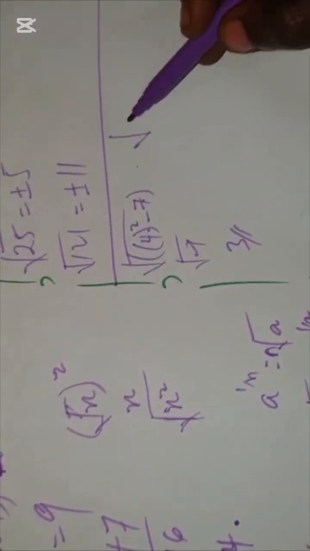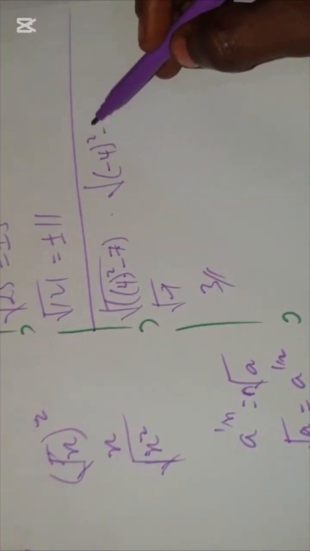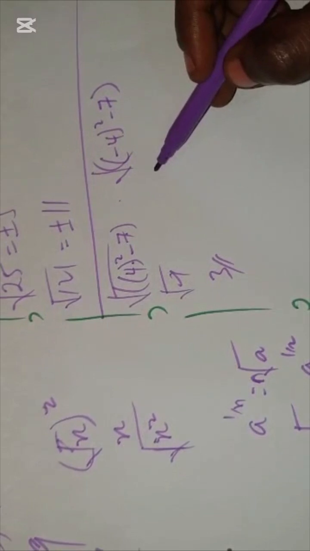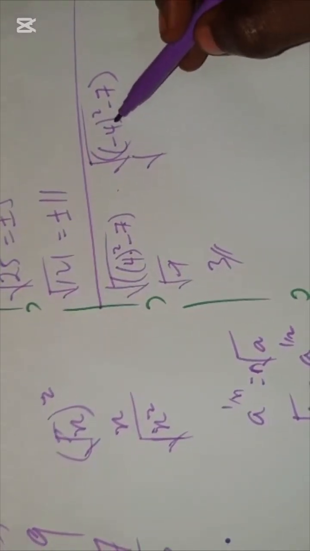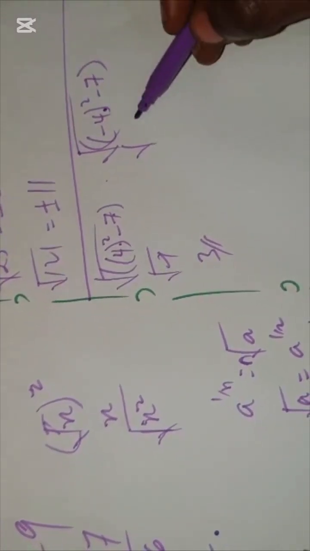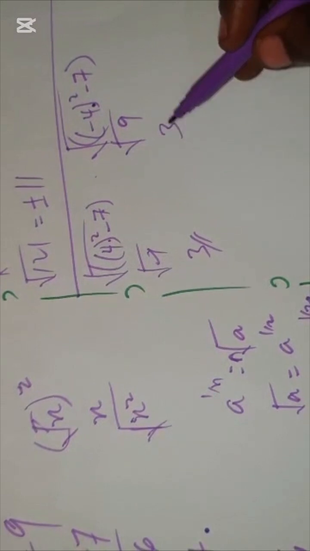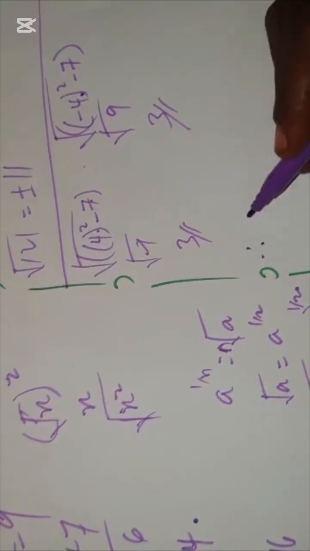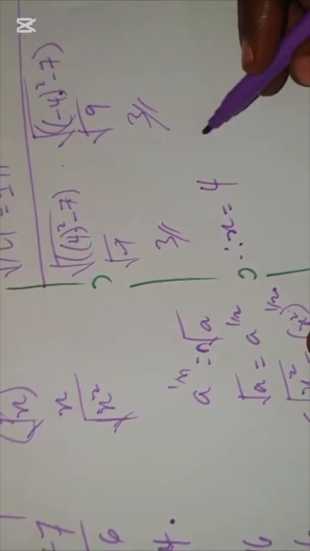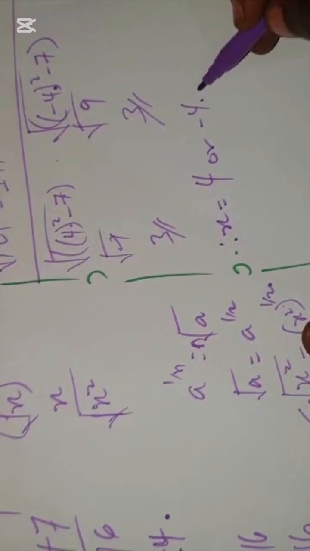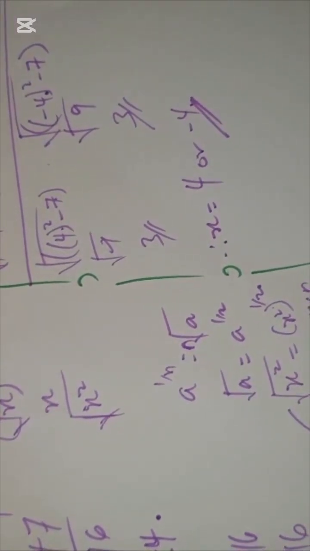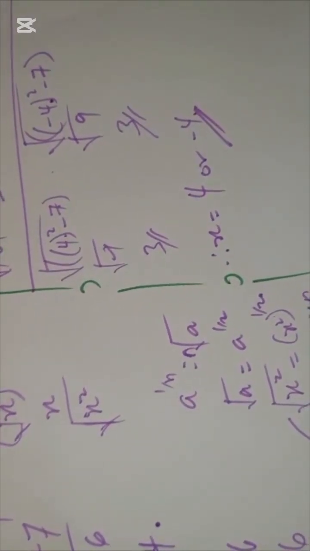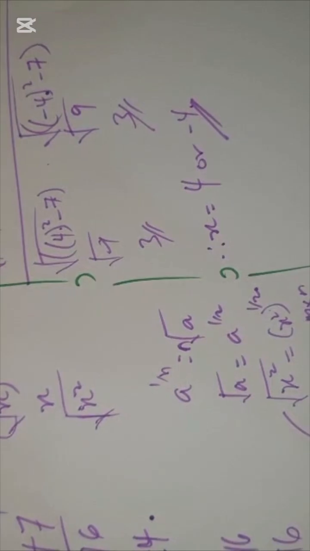Now let's pick minus 4 squared minus 7. Minus 4 squared still gives 16, minus 7 gives 9. We still get 3. So therefore x is equal to plus or minus 4. Yeah, so we've learned another thing in this question.